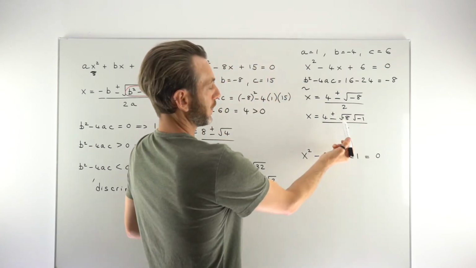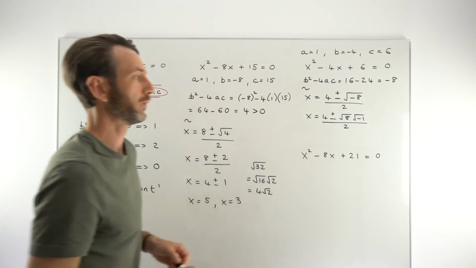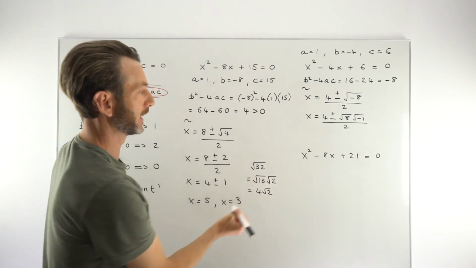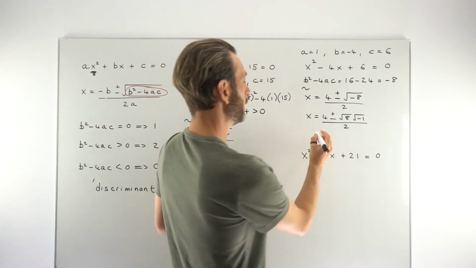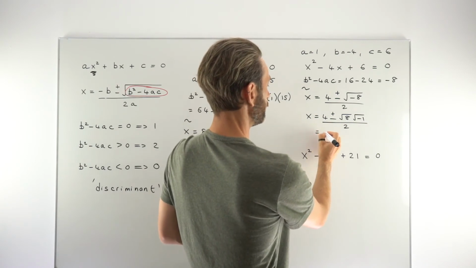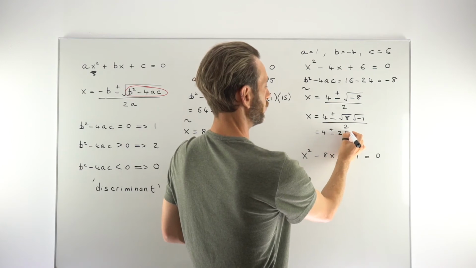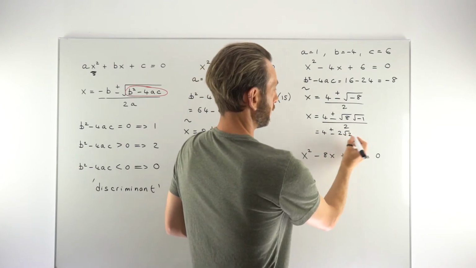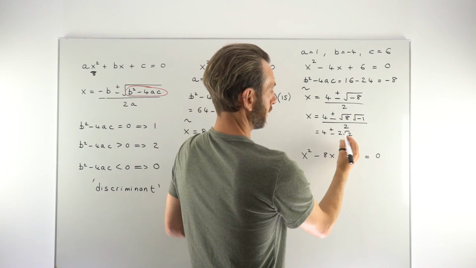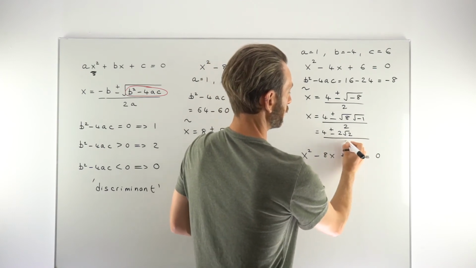Now, if we take this forward, the square root of 8, by doing a similar thing, comes out to be 2 root 2. So we could simplify this to 4 plus or minus 2 root 2. I'm just going to leave the square root of minus 1 for a moment, all of this over 2.